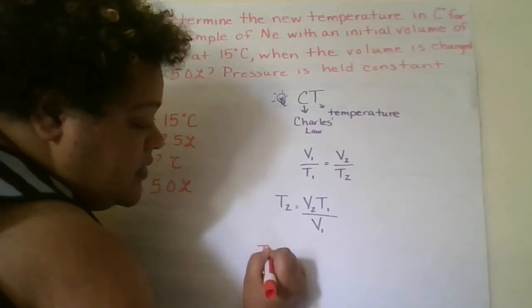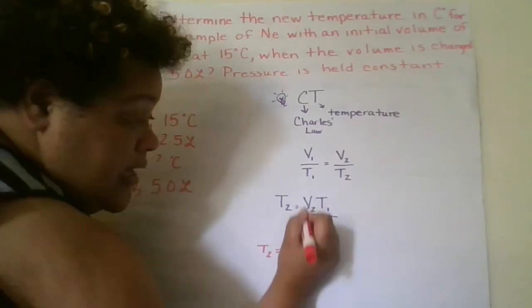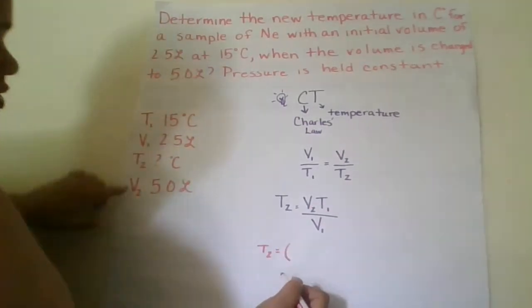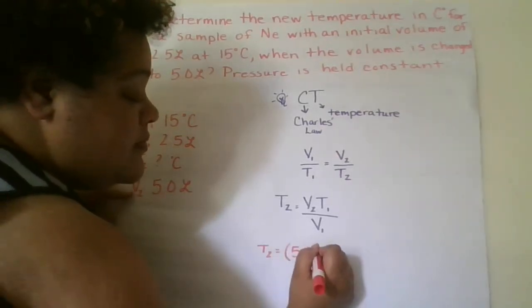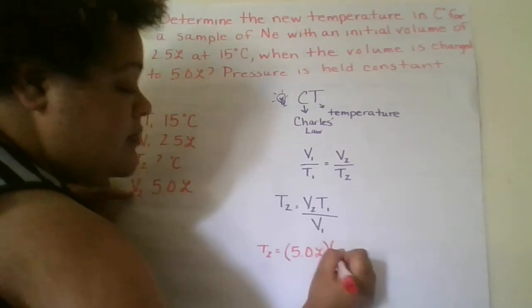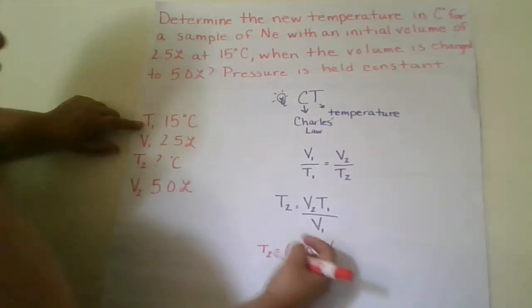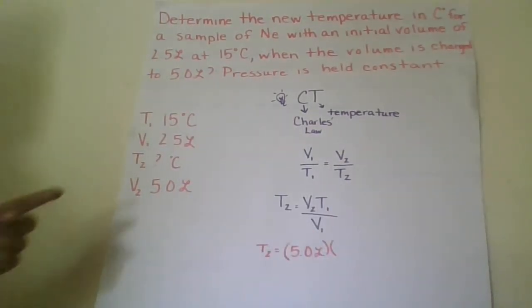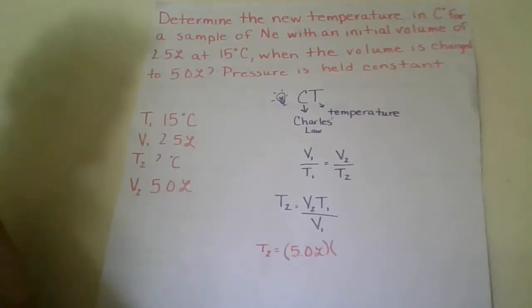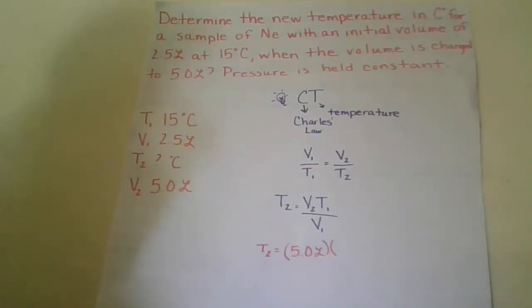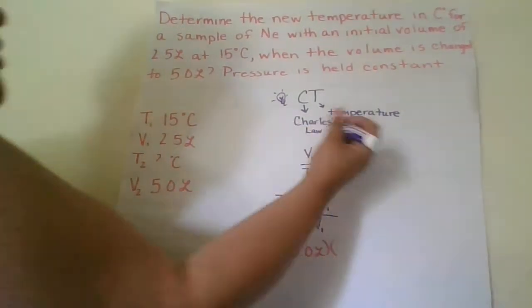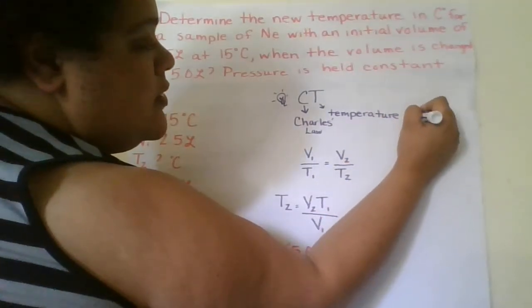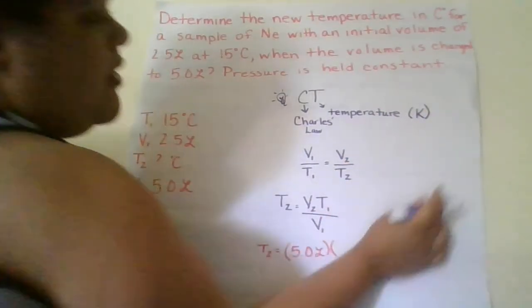We have T2 equals V2. So what's my V2? I have 5 liters. T1. Uh-oh. We're dealing with gas laws. What's another light bulb moment with gas laws? We must always convert our temperature to Kelvin.